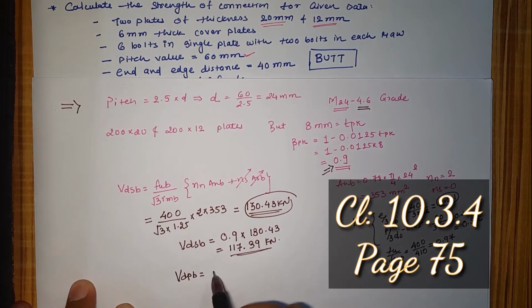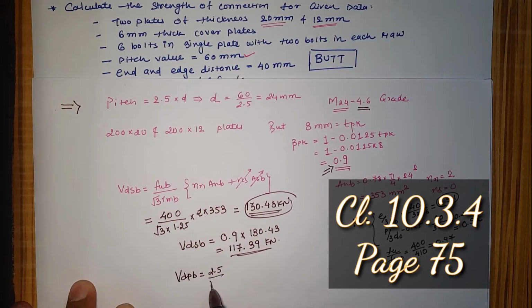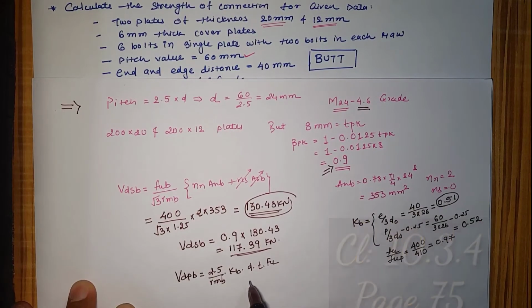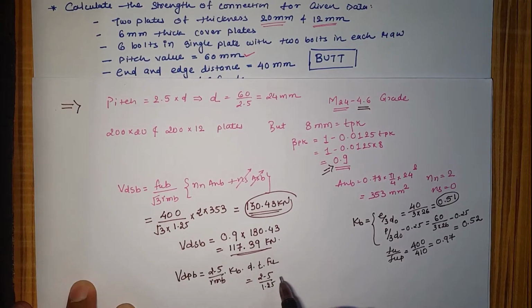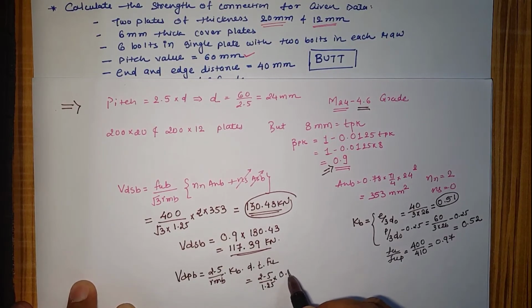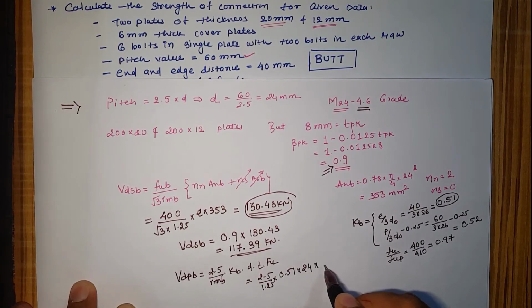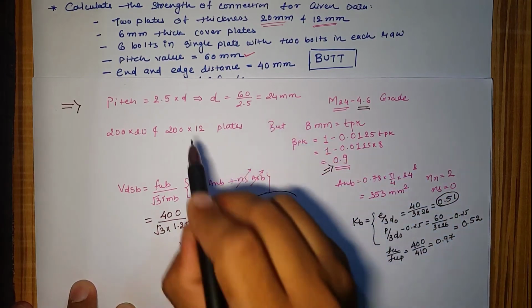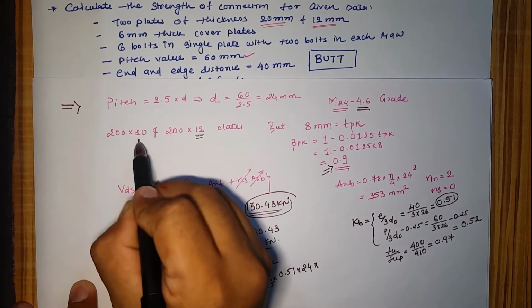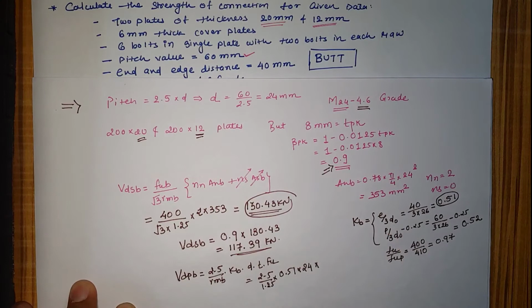Now let us calculate the value of VDPB. VDPB is 2.5 by gamma MB times KB, D, T and FU. Now 2.5 is constant, gamma MB is 1.25, KB is 0.51, D is 24 for the M24 bolt, and T is the thickness of the plates. One plate is 20 mm, one plate is 12 mm, and the governing thickness is 12 mm.